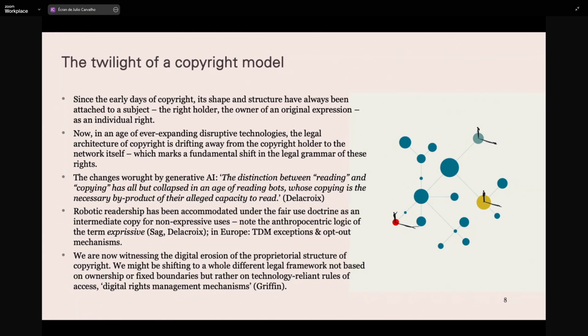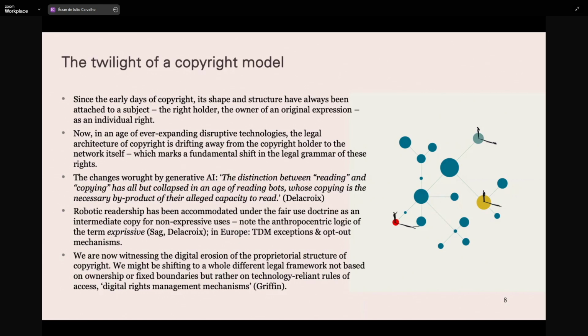Note the anthropocentric logic of the term expressive that has been widely written about by Matthew Sag and Sylvie Delacroix, and this has spurred a hot debate in English-speaking jurisdictions about fair use doctrine, and in the UK, fair dealing.